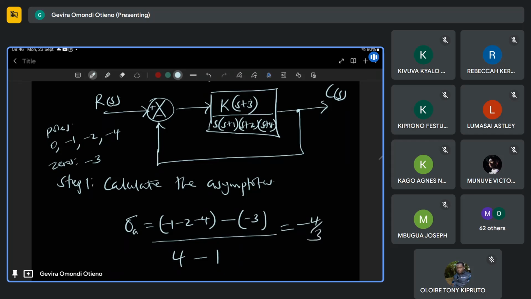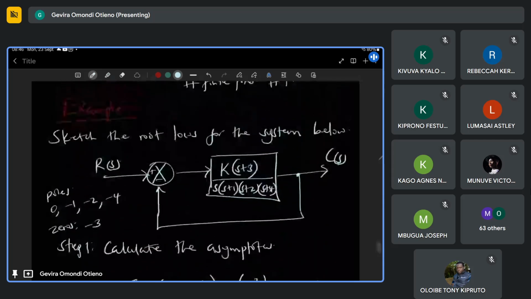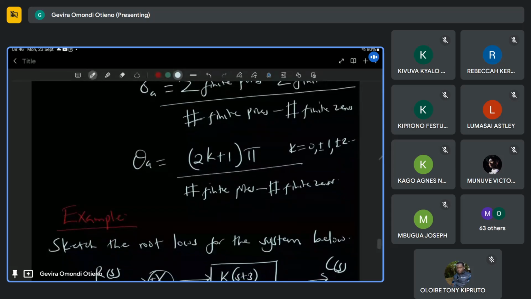Okay? So -4/3, or what we call -1.33, is the point that the lines must leave the real axis. But what is the angle? Theta A is given by, we had said it is 2k plus 1 pi, or 180 for that matter, over 4 minus 1, because it is the number of finite poles minus finite zeros.